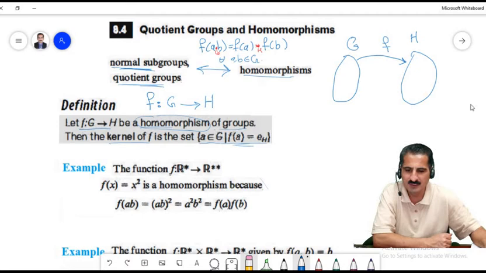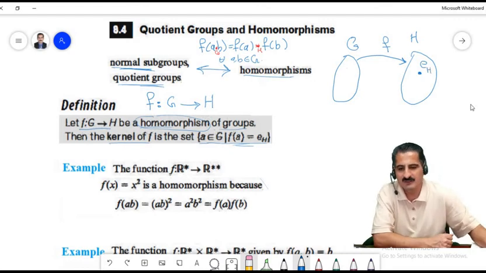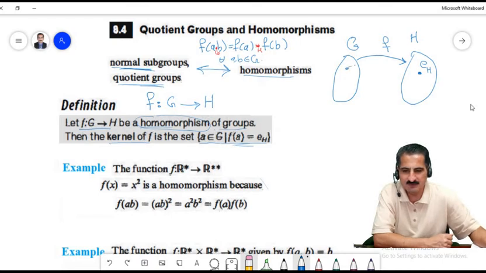Now what's happening in this group H? We have an identity, denoted e_H. Some elements will go under f to the identity. So we collect the elements whose images are the identity. All of them go to the identity.